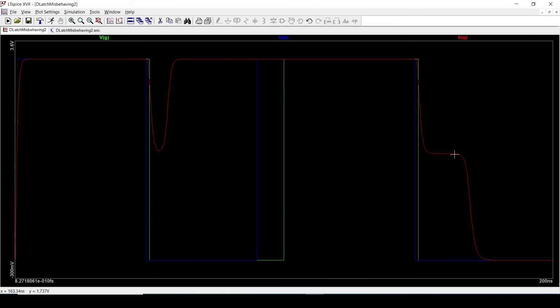They just stay where they are until noise, or in this case numerical error, perturbs you one way rather than the other. In this case, we get perturbed downwards. And as soon as we start heading down, then it's not long until we get pulled all the way down quickly. So from here to here, roughly speaking, is where we're stuck in the metastable state.